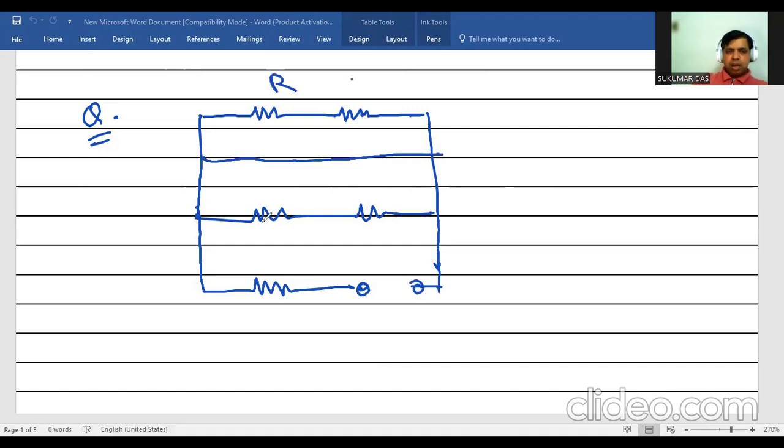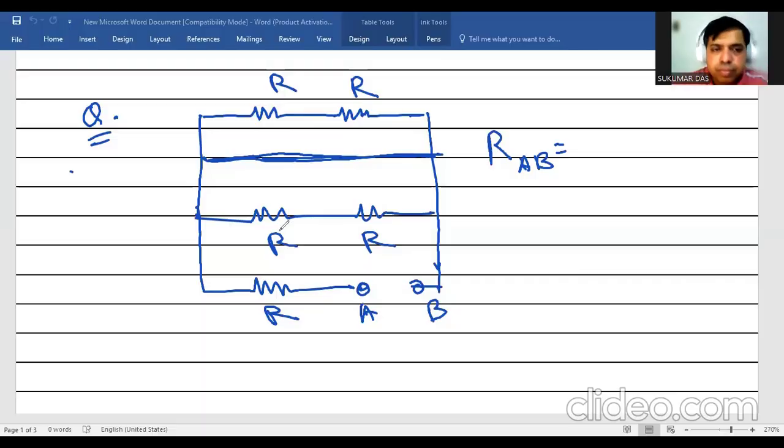So this is R, R, R, R, and R. This is AB, and this is a conducting wire like this. Now, what is the equivalent resistance between A and B? Just try to do it. Tell me your answer. What do you think?